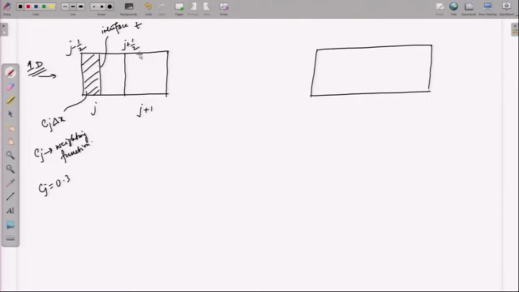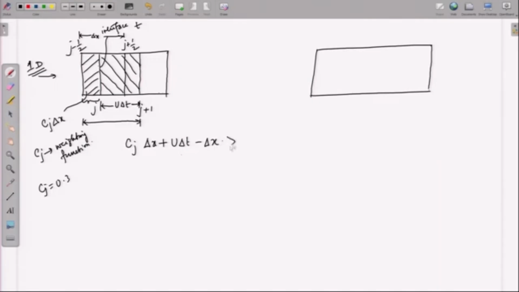Let us say that with passage of time the interface moves ahead and the distance covered is u times delta t, because it is advecting at constant velocity u. Now, we will try to work out this expression: C j delta x plus u delta t minus delta x. So, this is C j delta x plus u delta t, that means the total length that is covered by the hatched region, minus delta x, which is the cell width.